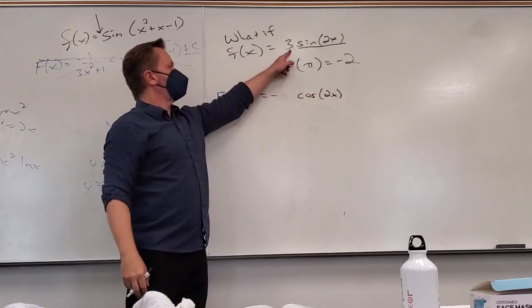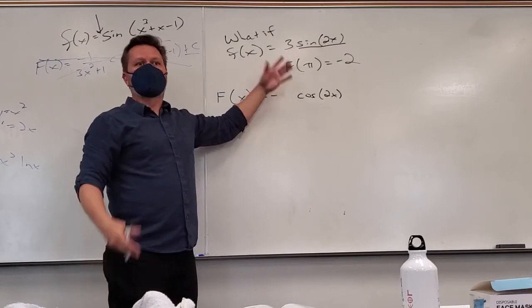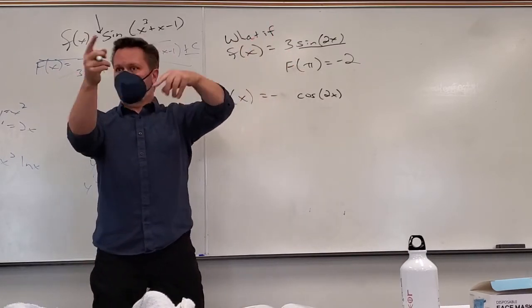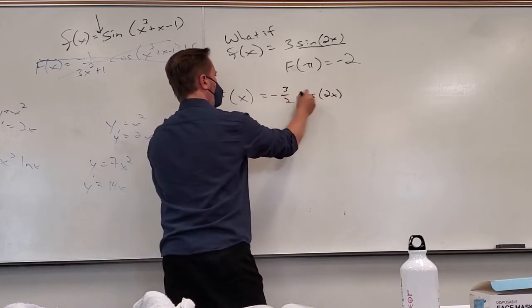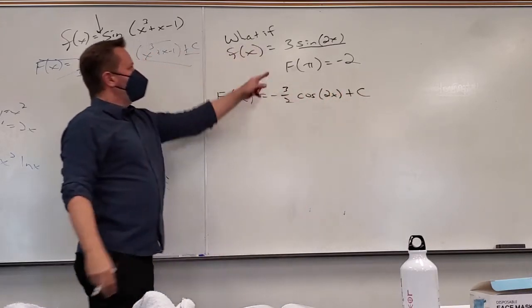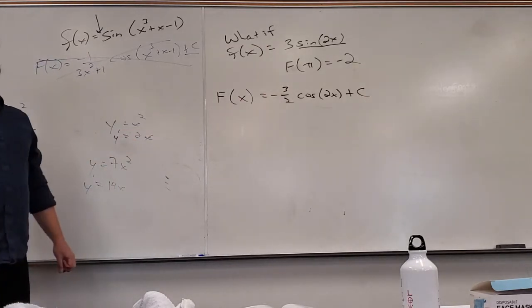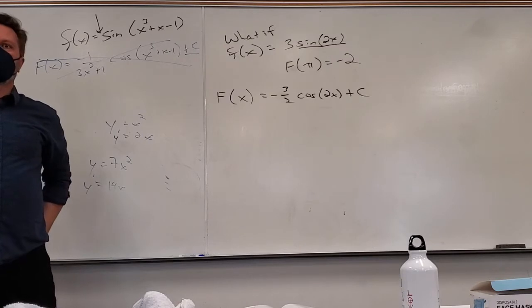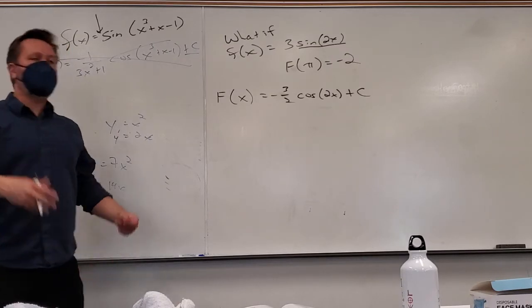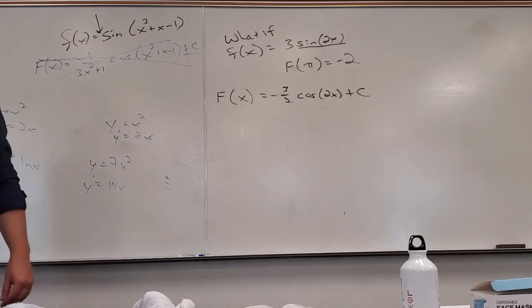And now you piece together what would have to be out front. 3 halves. The over 2 would kill the 2 that comes out of here, right? Plus c. What does that extra piece of information do for me? What am I able to determine now? Plug in pi and I can figure out what c is when it equals -2.